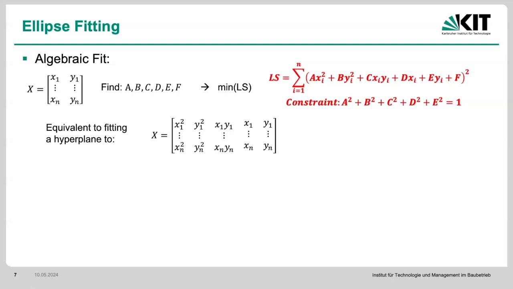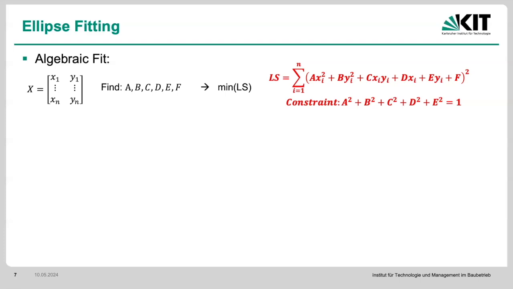So we can still extend that problem, right? You have these multiple dimensions, and now you're fitting the hyperplane to 5-dimensional data. The formulation is exactly the same function. You can use the exact same formulation as long as you correct the data and put the other 3 dimensions in terms of x and y, and solve it using the hyperplane, and you get the A, B, C, D, and E.